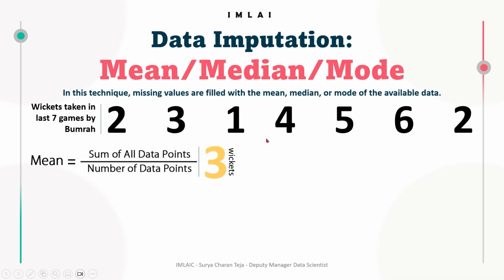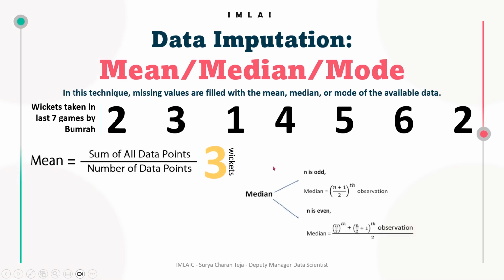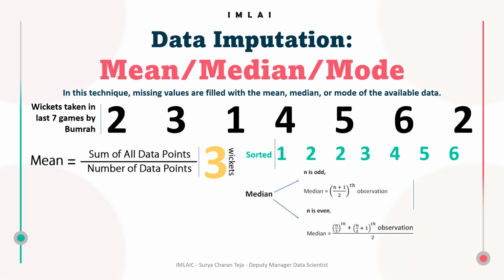Another measure to find the same information is median. If you want to use the median, first you have to sort all your data points from lowest to highest value. This is how I did it: 1, 2, 2, 3, 4, 5, 6. Now if the total number of data points, n, is odd, it's pretty simple.